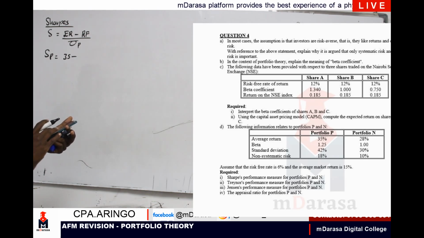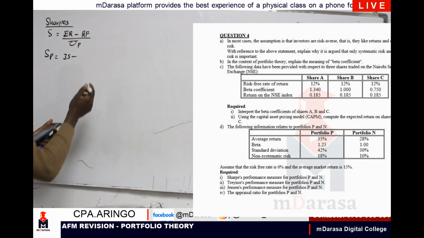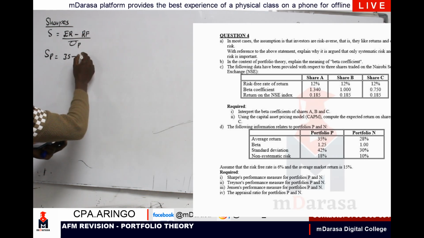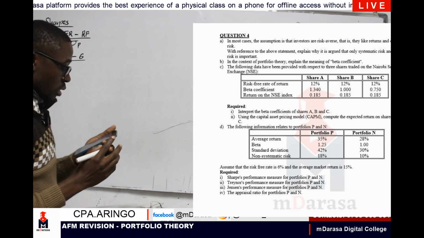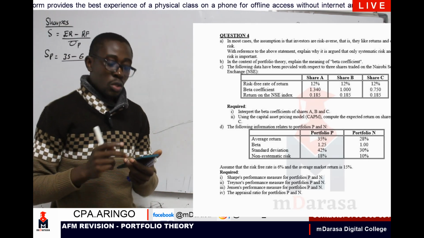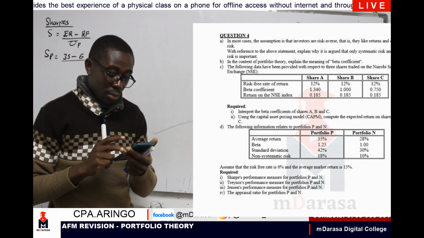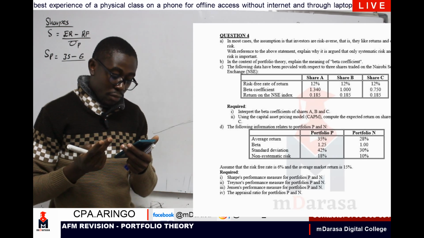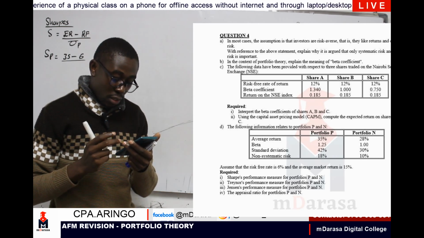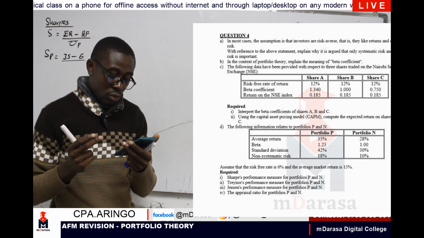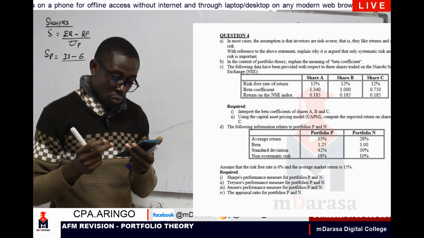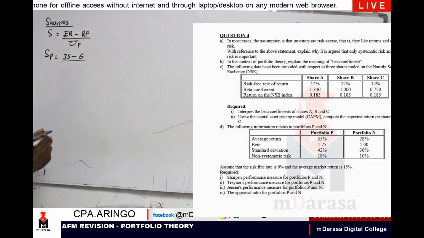Then 6% over the standard deviation. A good examiner also gave us the standard deviation, which I was given a value of 42. If you can check it out, I'm having 42, right?